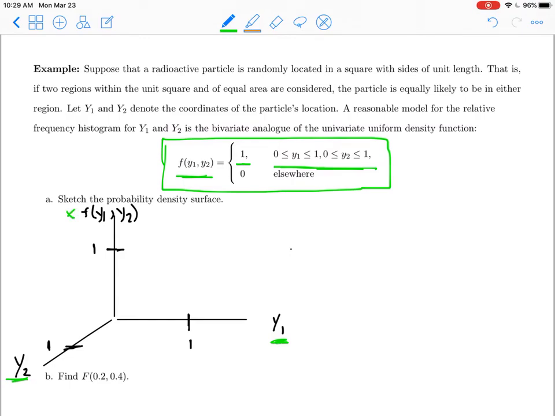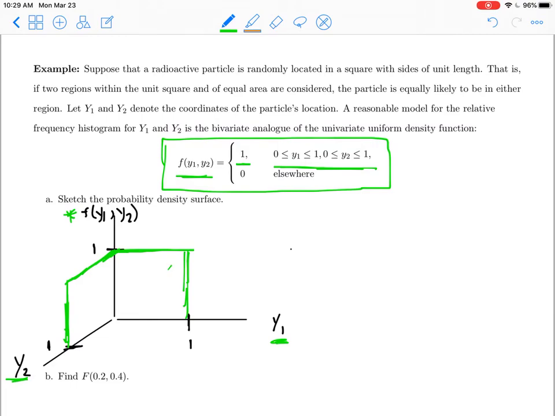So as long as our value of y1 is between 0 and 1, we should be at 1, as long as we also have our value of y2 between 0 and 1. And if we exceed either of those or go below either of those, then we should run into problems.